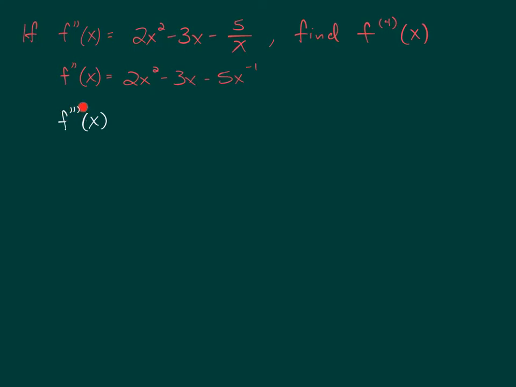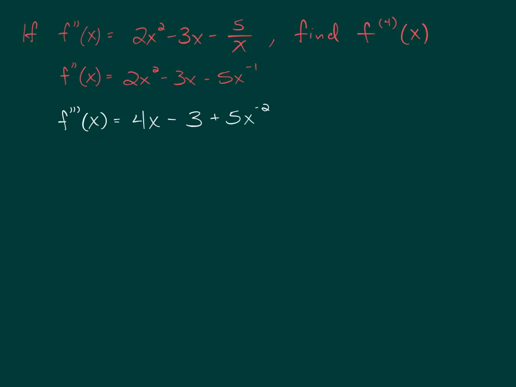Anytime you hit fourth derivative or higher, we just use this number in parentheses here. So I have f triple prime of x. Here we'd say f double prime of x, f triple prime of x, or the third derivative. I just need to do the power rule. So this will be 4x minus 3 plus 5x to the negative 2 power.